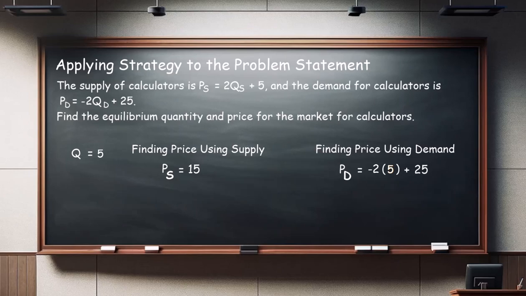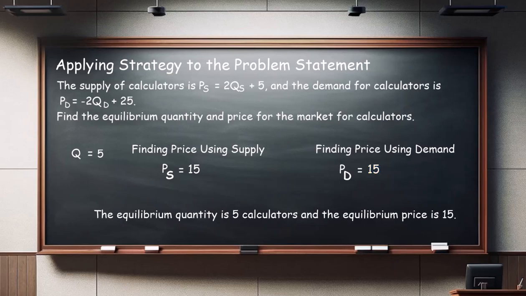Next, multiply negative 2 times 5. The expression becomes P subscript D equals negative 10 plus 25. Next, let's add negative 10 to 25. P subscript D equals 15. So, the demand equation equilibrium price is 15.